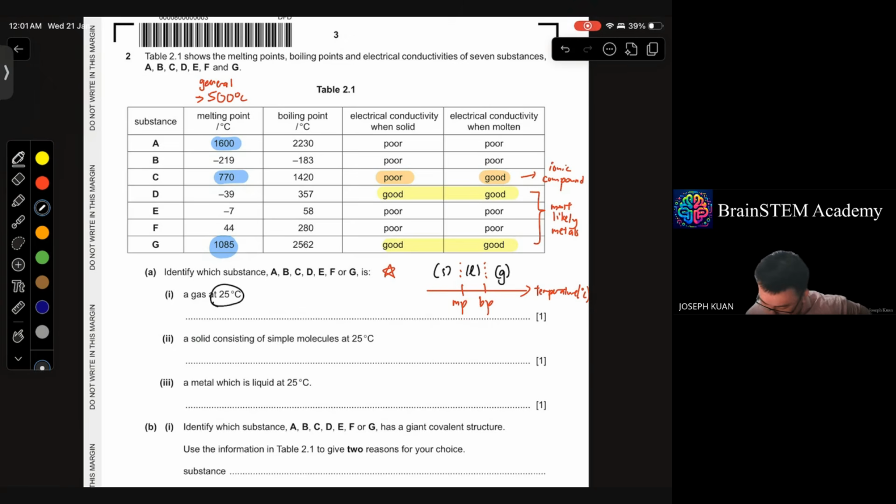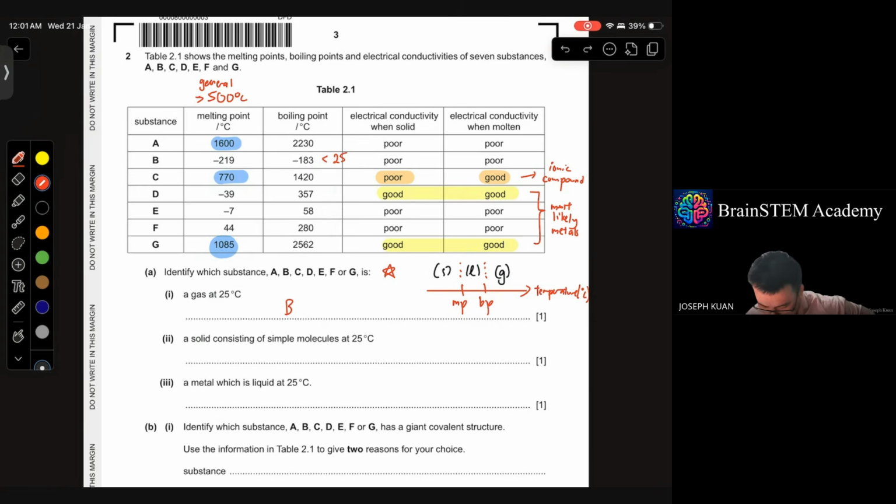so which one is having boiling point lower than 25? So from here, okay, the list here, we can see that it's B, okay? B, 25 is greater than negative 182. So B. Next is a solid consisting of simple molecules. Okay, a solid. Now, it cannot be A. We just mentioned that this must be giant, okay, given the high melting point, right?